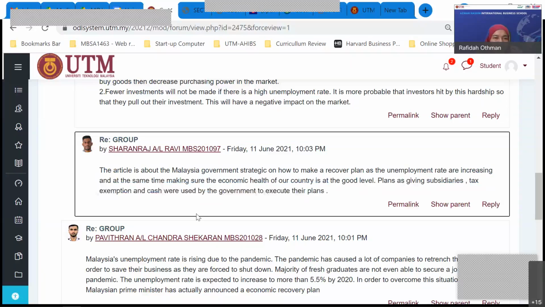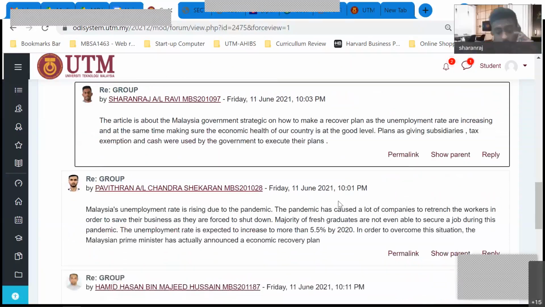So Sharon Raj? Hi, good morning, Doctor. Basically, from what I understand from the article, it is about the government strategy on how to plan the recovery in order to decrease the unemployment rate, which is increasing, especially during this COVID-19 pandemic.